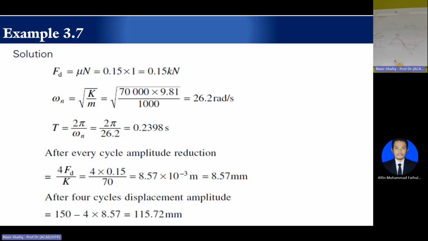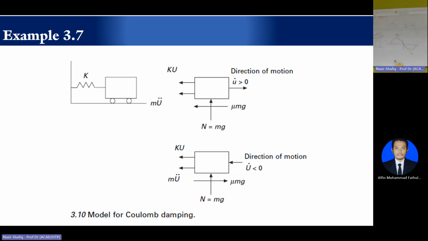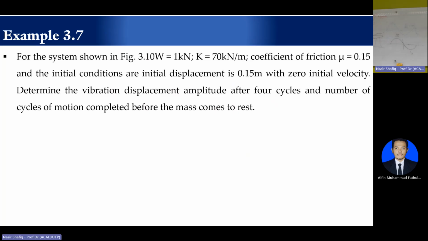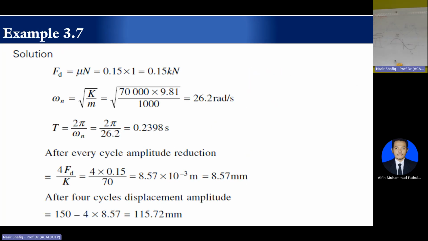So that will be 26.8, right? Because the stiffness is given as 70, multiplied by 1000, so all units are consistent. The time period is 2 pi upon omega n, 0.2368. After every cycle the amplitude reduction is 4 FD upon K, right?